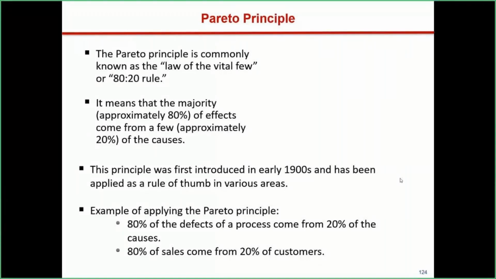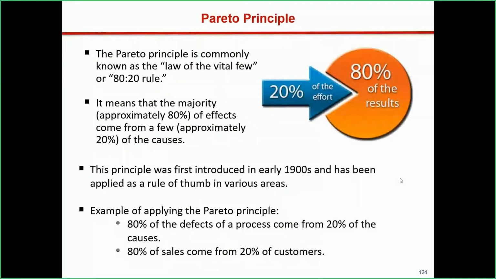This principle was first introduced in the early 1900s and has been applied as a rule of thumb in various areas. Example of applying Pareto principle: 80% of defects of a process come from 20% of the causes. 80% of the sales come from 20% of the customers. So 20% of the efforts give 80% of the result, something of that sort.